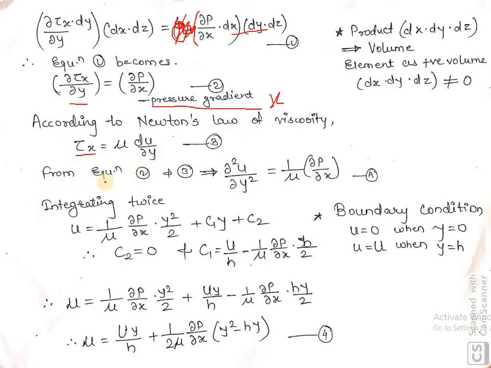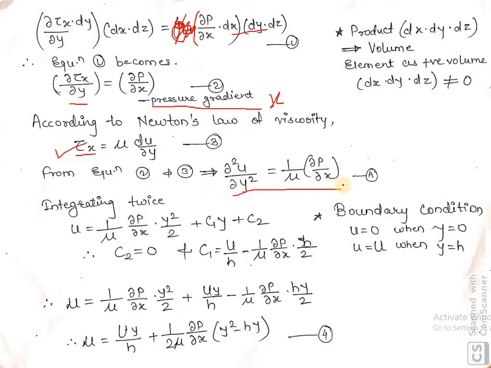Okay. Now from equations 2 and 3, we have to substitute this value in this equation. So substituting this value over here, what you will get is μ into ∂²u/∂y². So we are taking this μ to the right side.